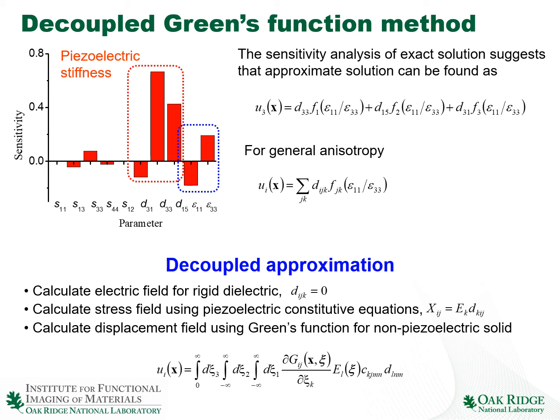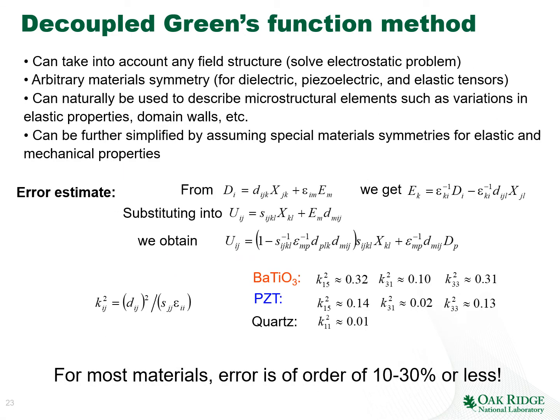Then we say that piezoelectricity in fact creates stress. And secondly, we say that the piezoelectricity affects the mechanical properties only weakly and calculate the displacements. So we get a nice expansion for the surface displacements. Here G is the Green's function for the material, E is the electric field, C is the elastic constants, and D is the piezoelectric constant.